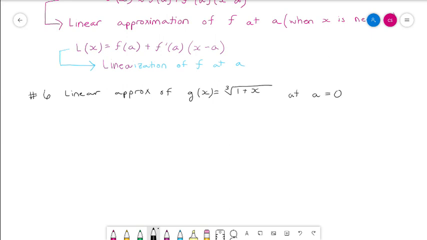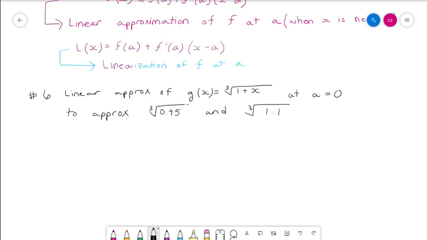And then we're going to use that to approximate some values, okay? We're going to use this to approximate the cubed root of 0.95 and the cubed root of 1.1.